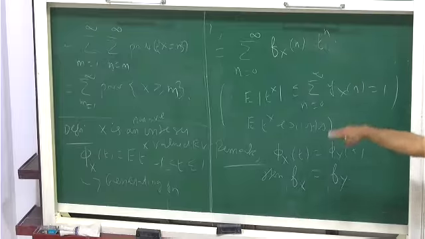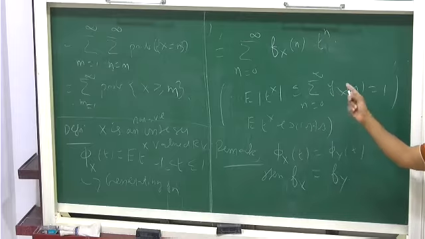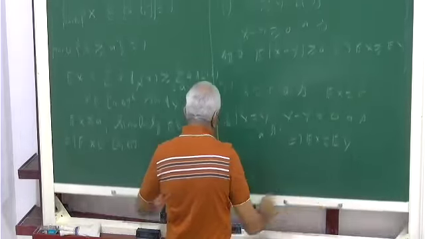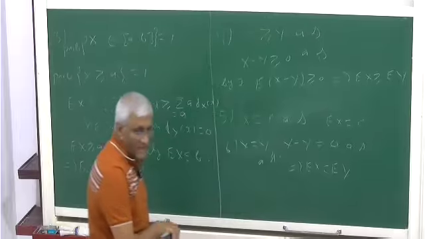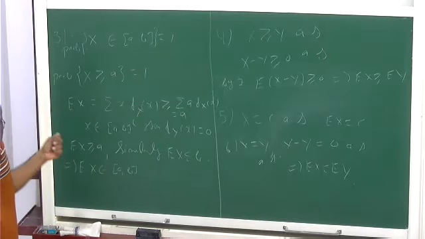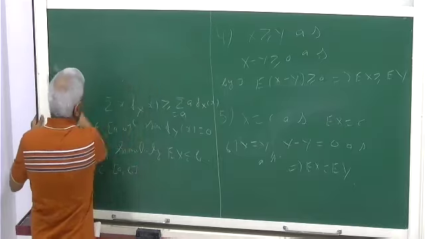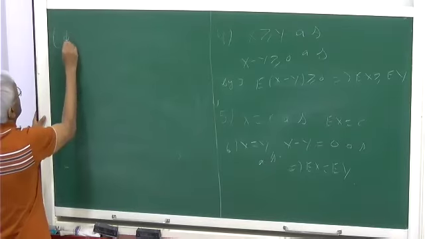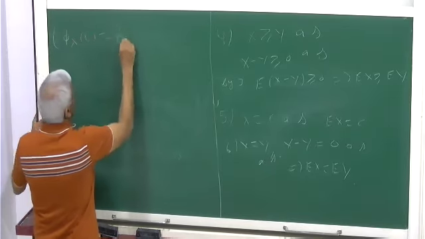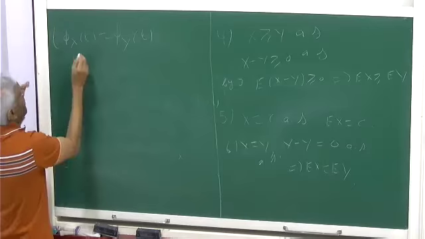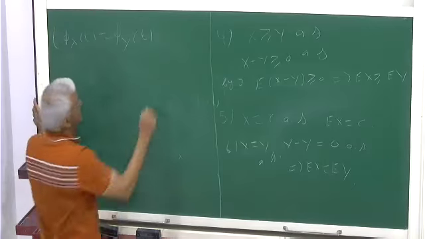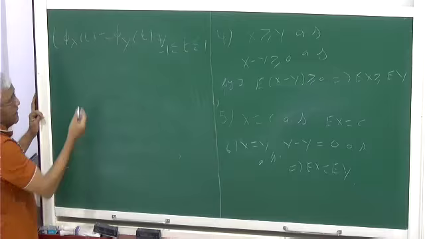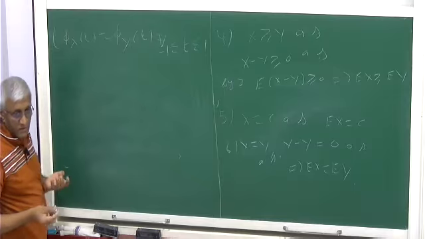But also two infinite power series like this, if they are the same for all t between -1 and 1, then they are the same, just by differentiating. This is because phi x of t equals phi y of t for all t between -1 and 1. Now you just differentiate it and evaluate at 0.